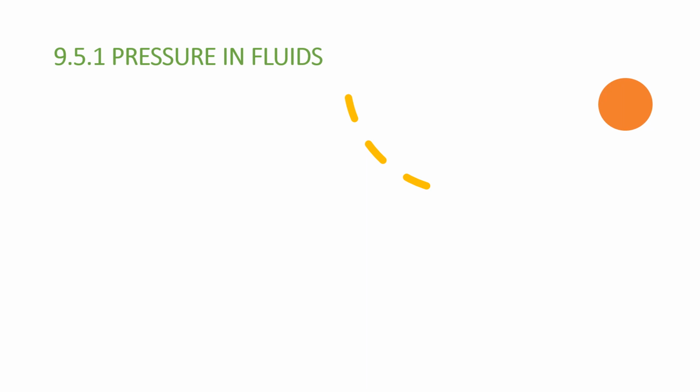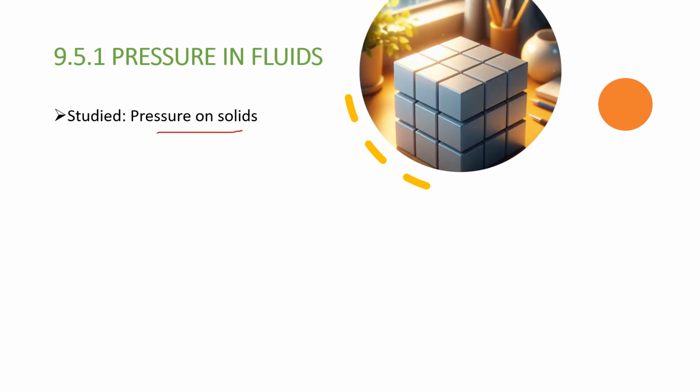Till now, we learned about pressure with respect to solids. Now, let's see how pressure influences fluids, or how fluids exert pressure. Pressure in solids we learned; these are solids.